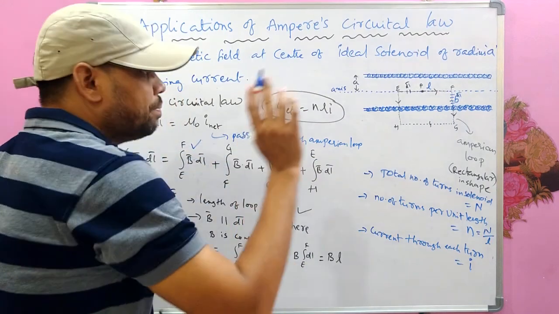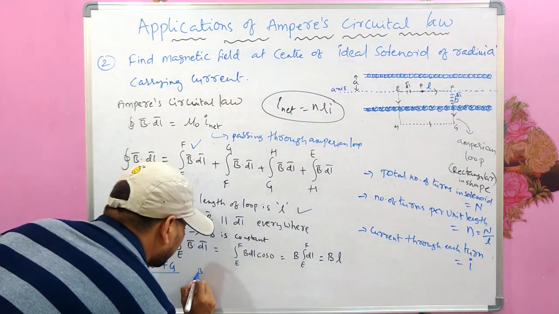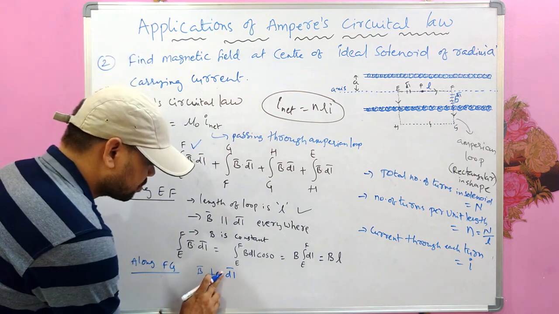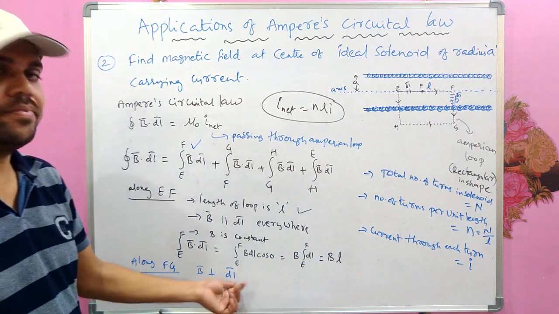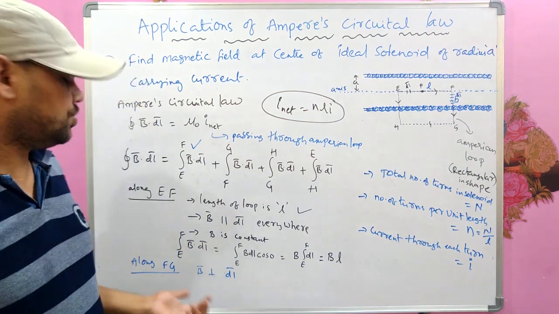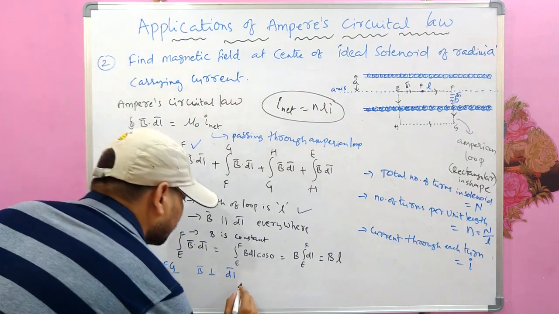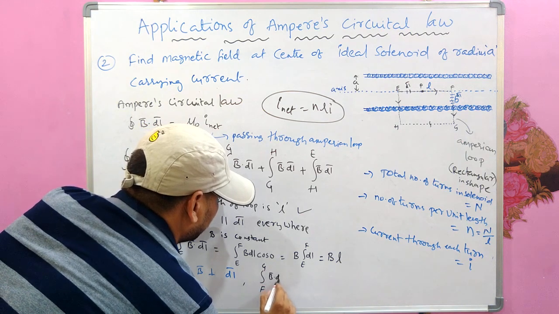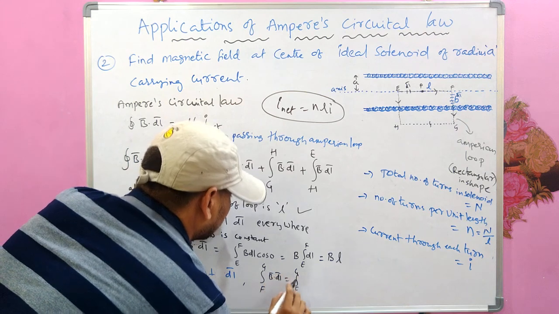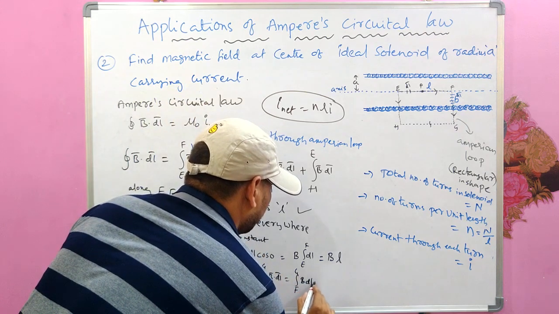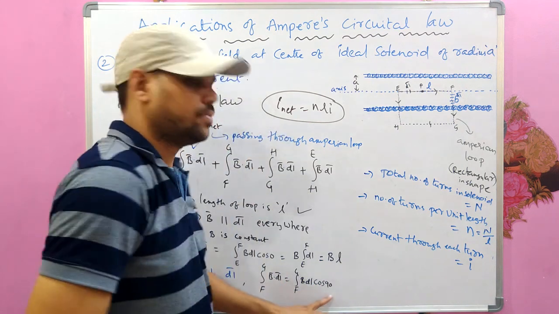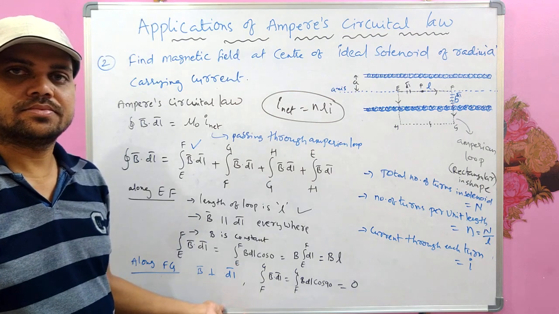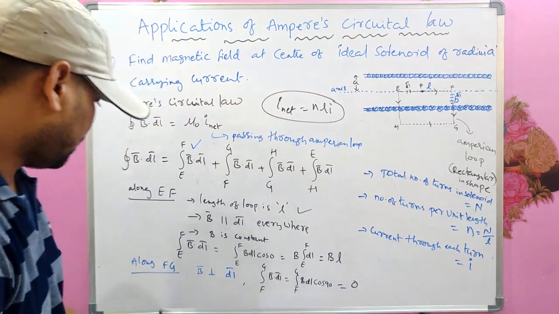So B and dl are perpendicular. This is enough to solve this integral, which means the integral from F to G of B dot dl is equal to the integral from F to G of B dl cos 90, which is 0. Okay, so this is along FG.